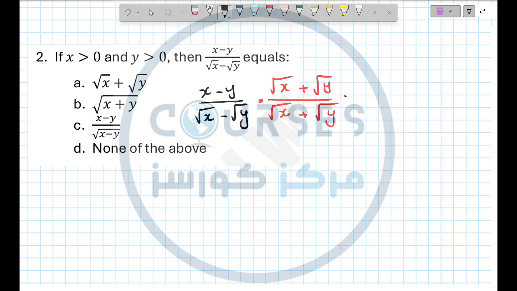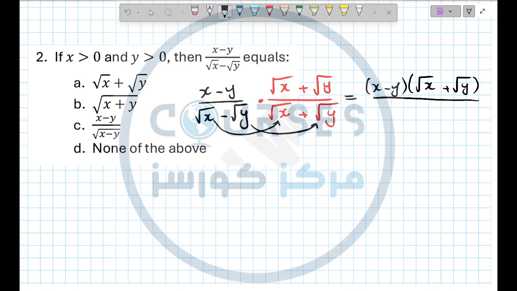On the numerator up, we're not going to do anything. Just put them in parentheses. X minus y times square root of x plus square root of y. Over down, we can apply a shortcut because these are difference of two squares. So you can just multiply first times first and last times last. Square root of x times square root of x, square root of anything times the square root of the same thing, square root cancels.